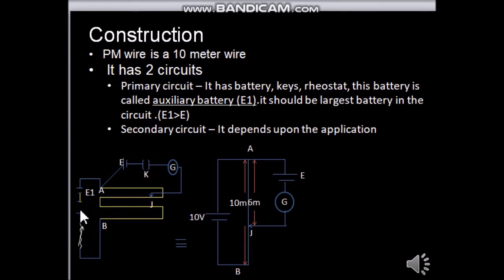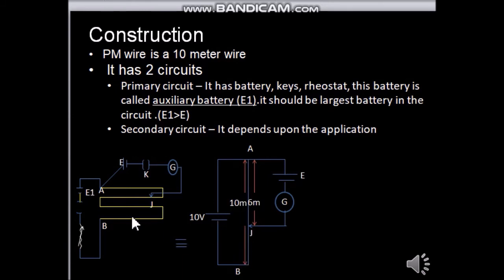Just now we can remove this key and rheostat and only show the battery. Suppose this auxiliary battery is of 10 volt. That means for this 10 meter wire, a 10 volt battery is connected. So this is the battery which provides the voltage to the whole wire AB.